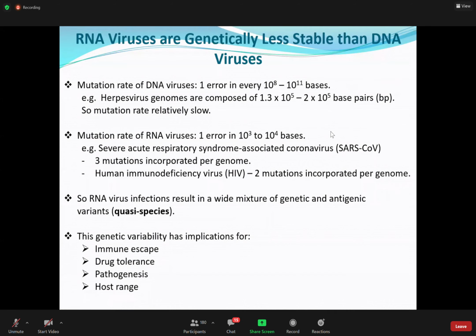Even though you can develop a good antibody response against the initial strain that is the vaccine strain, as the virus replicates you can get mutations so that the antigen is no longer recognized by the antibody that the vaccine creates, and so these break out.